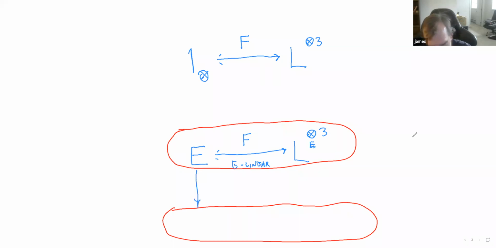Well, actually, we're supposed to have, let's see, how does this work? So, right, I think it's supposed to be, I'm saying we're supposed to take the tensor square of F and then the conjugate of that.